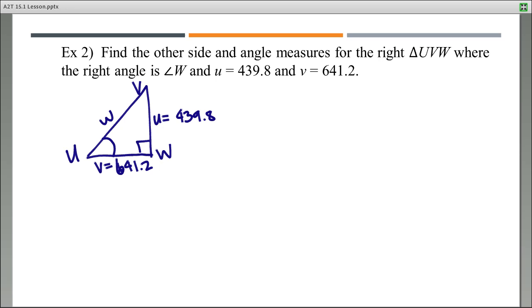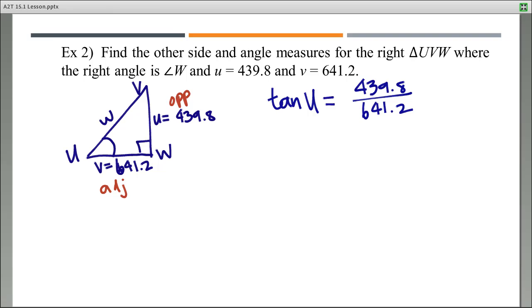I'm going to choose to find angle U first, and then I'll find angle V. And what I know is for angle U, side U is the opposite side, and side V is the adjacent side to angle U. And so I am going to use, that's opposite and adjacent, so that's TOA, so tangent of angle U is going to equal opposite 439.8 over adjacent, which is 641.2.